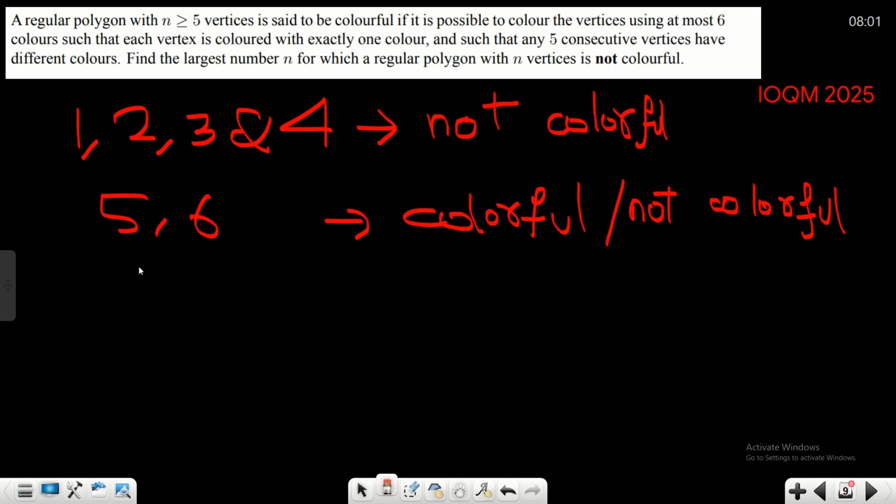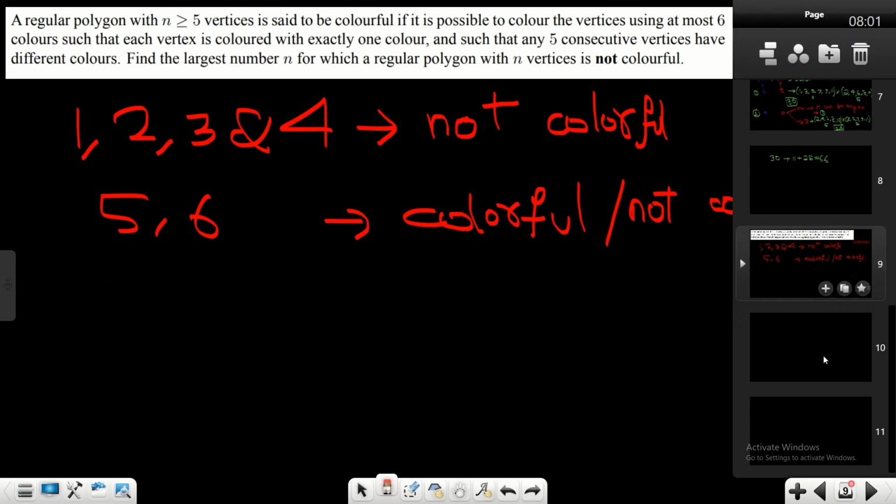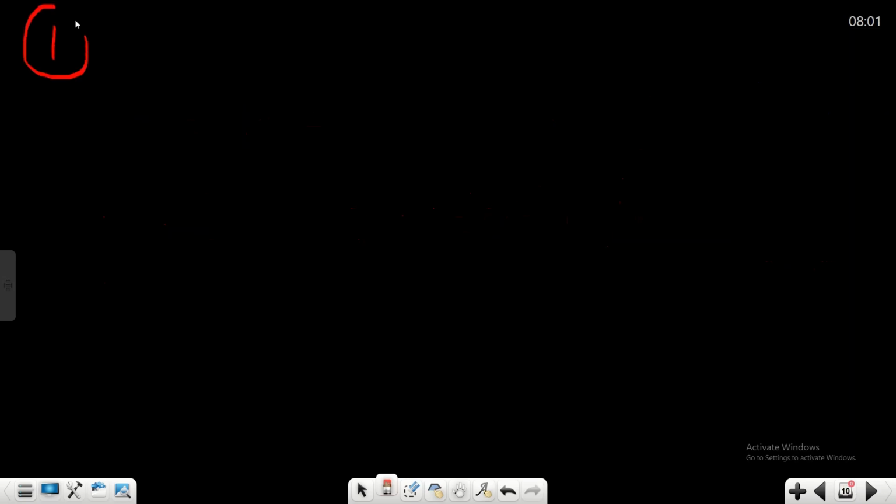Now, let me do it on the next page. Case 1: using 5 colors.